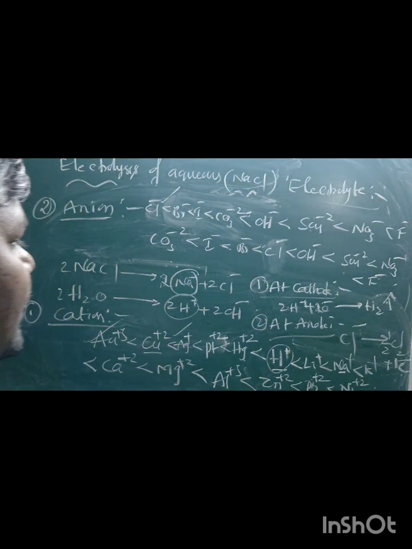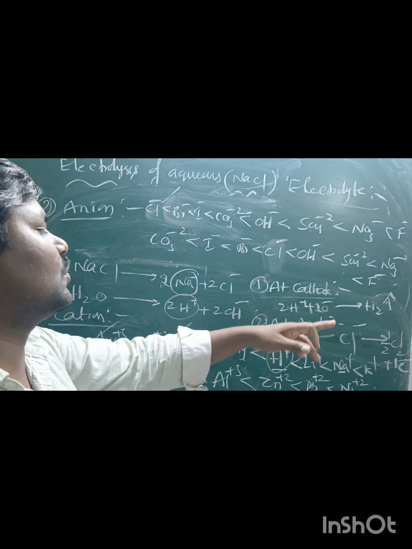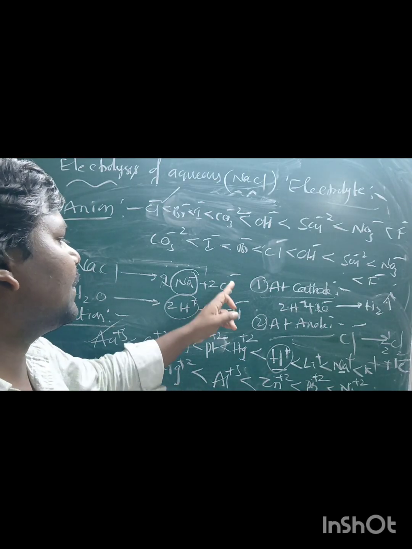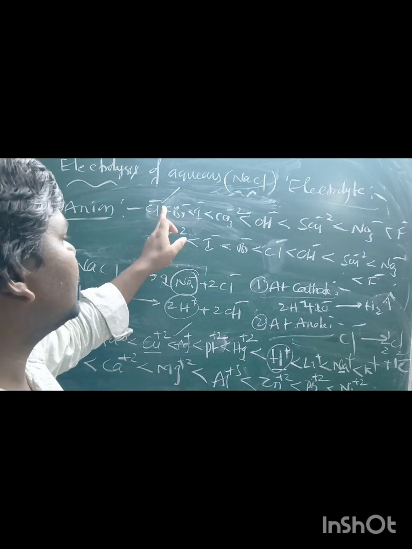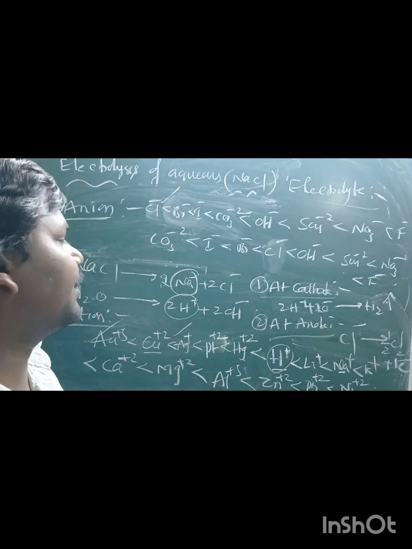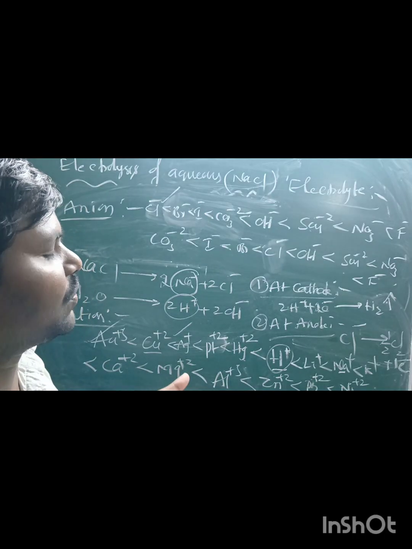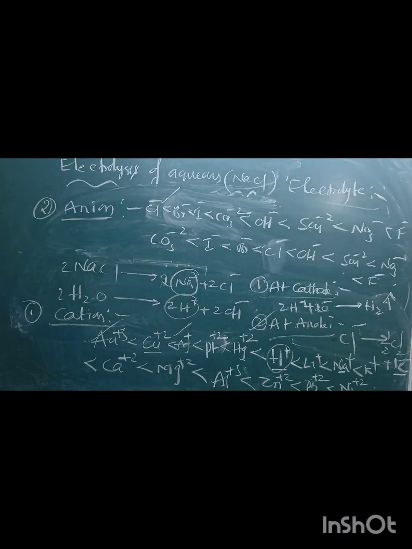That's why H plus ions gain electrons at the cathode and hydrogen gas is liberated. Among Cl minus and OH minus ions, Cl minus has the lowest discharge potential compared to OH minus. Chlorine loses electrons to form chlorine gas at the anode. This is the information about electrolysis of aqueous solution.